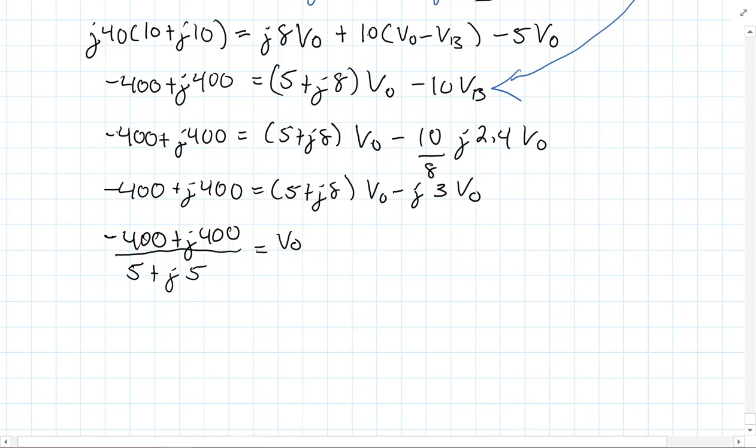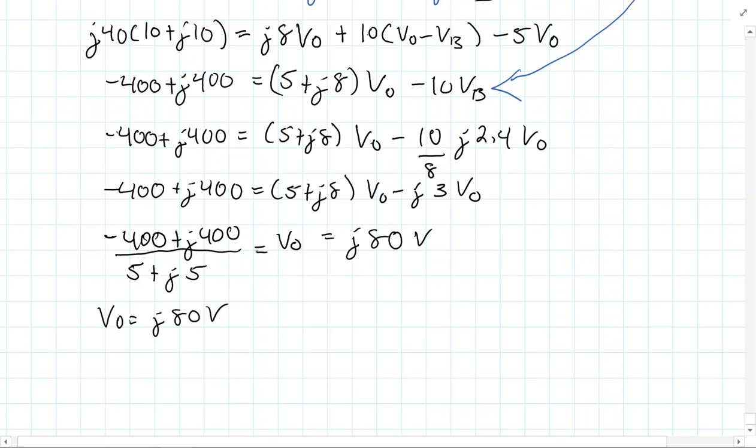And so then we just do that computation. When I did that computation, I got that this was equal to j80 volts. So V out is equal to j80 volts.